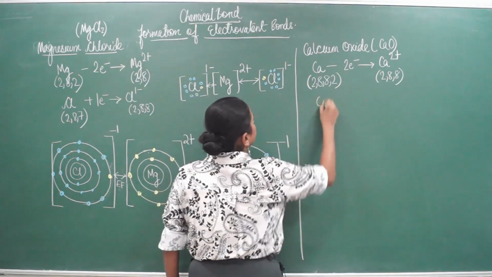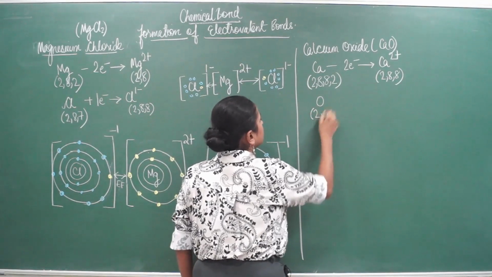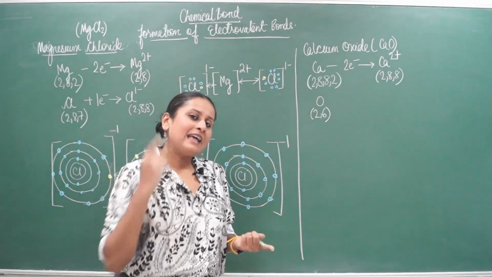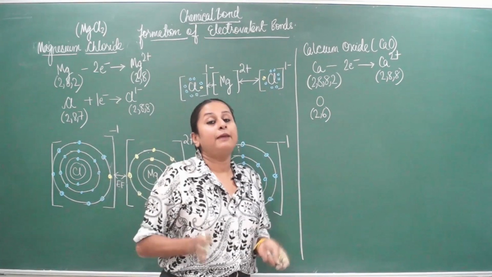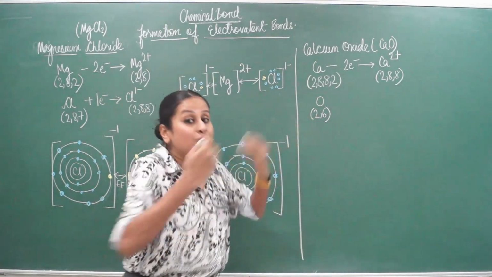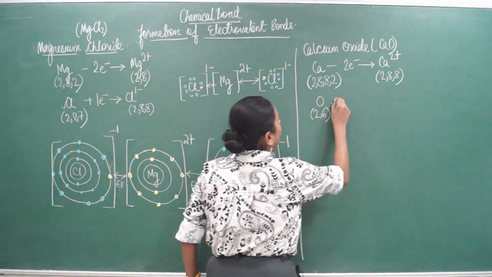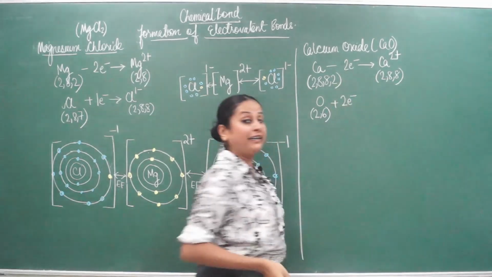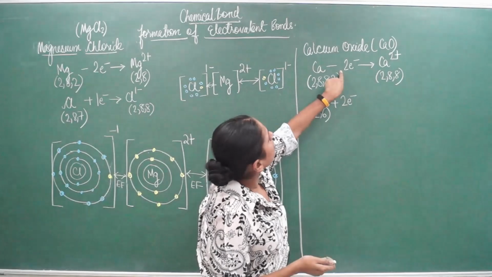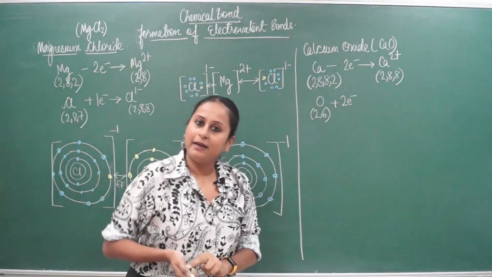Coming to oxygen. Oxygen's configuration is 2,6. So to become like its nearest noble gas neon, or to get a stable octet in the last shell, it wants to accept 2 electrons. So it will accept 2 electrons, and for theoretical purposes we will believe that these 2 electrons lost by calcium are the ones which are gained by this oxygen.